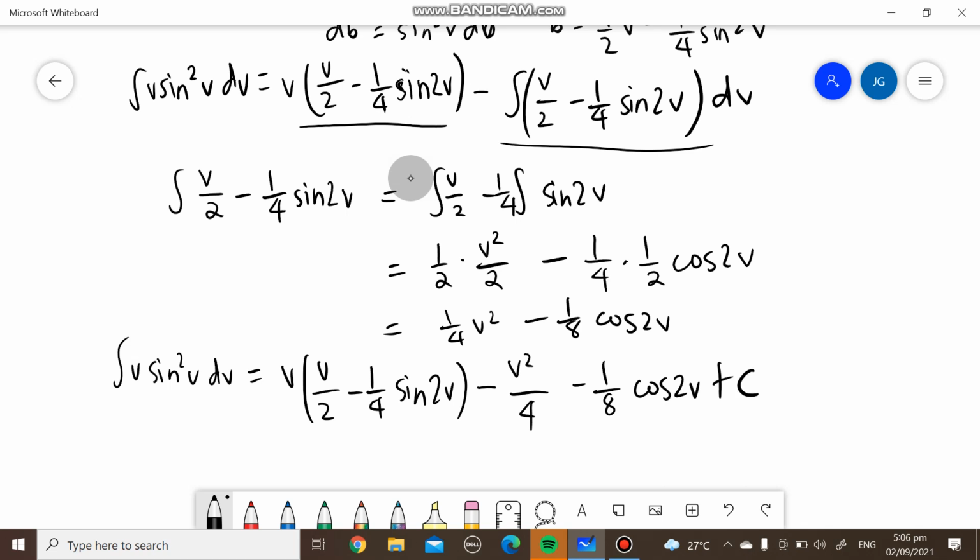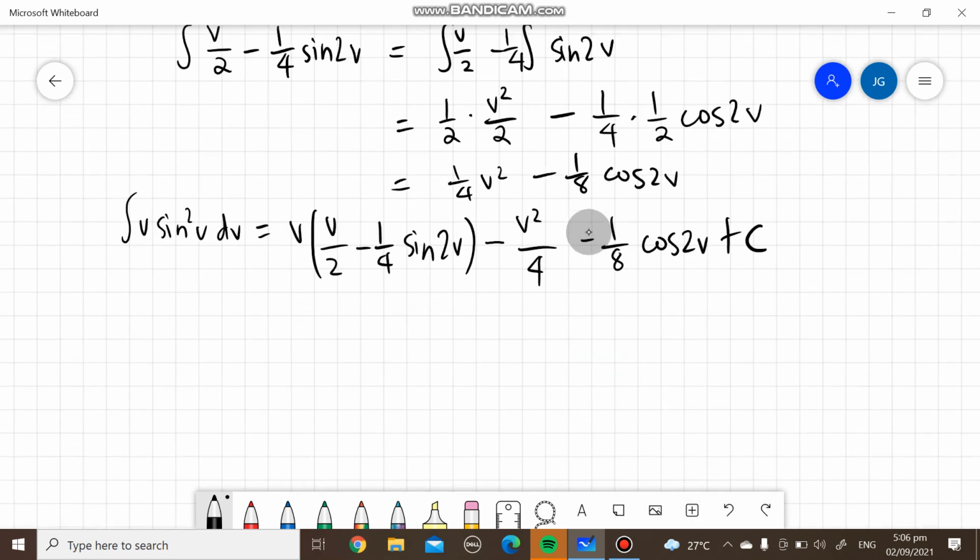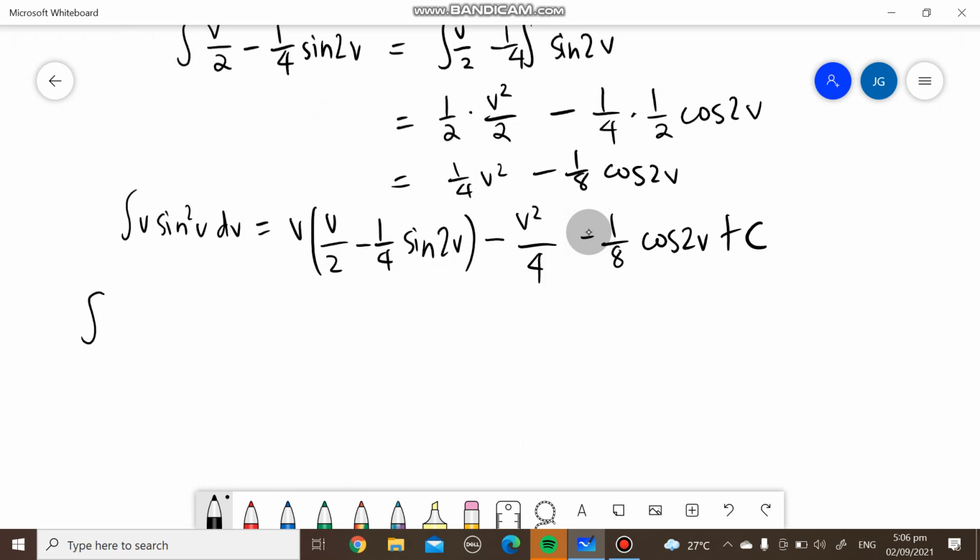So, that can be your answer, pero pwede natin siya masimplify pa by distributing v to this equation. Okay? So, to distribute that, we will have the final answer.